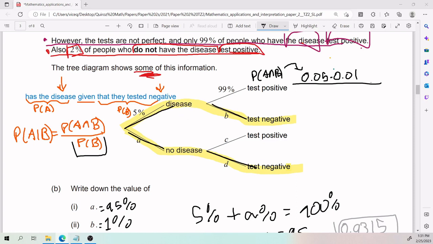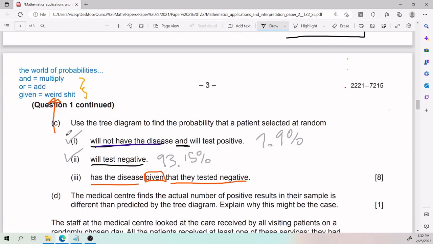So if I write it out real quick, we end up with, on the bottom, 0.05 times 0.01 plus 0.95 times 0.98. All right. So this is pretty consistent from what we did in the first part and the second part. They both sort of combined into the third one.